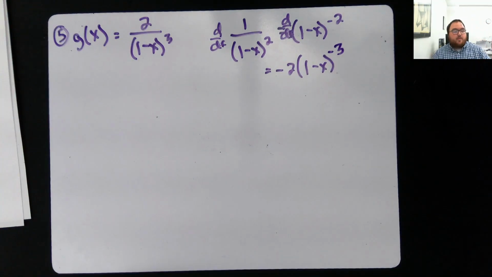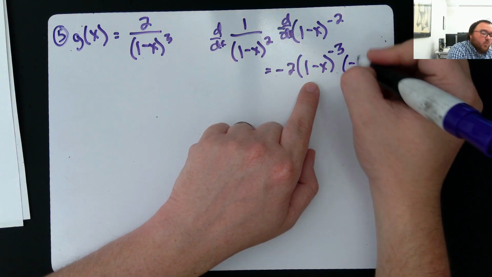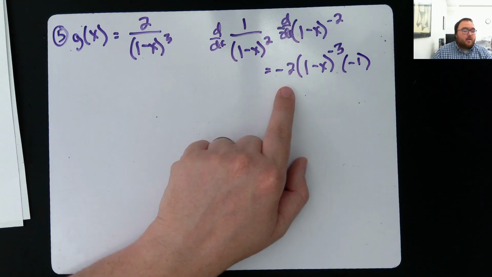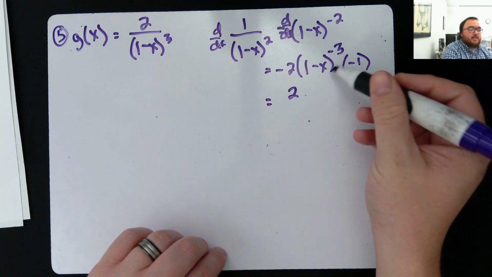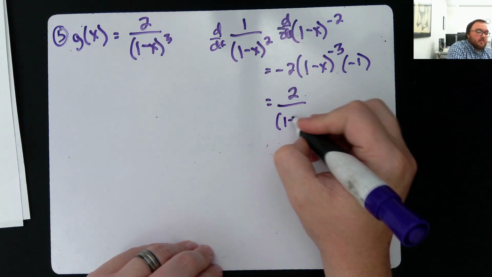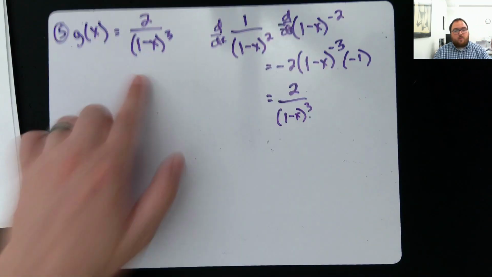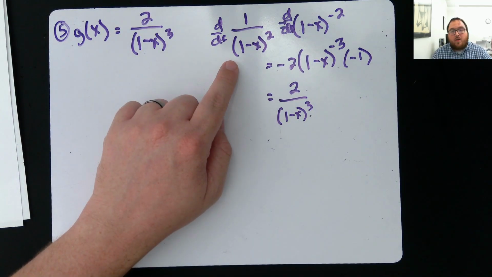By the chain rule, I have to multiply this by the derivative of the inside stuff, which is negative 1. Negative 2 times negative 1 is just positive 2. (1 minus x) to the negative third is like saying over (1 minus x) cubed. So there we go. So the one that I want is the derivative of one that I know.